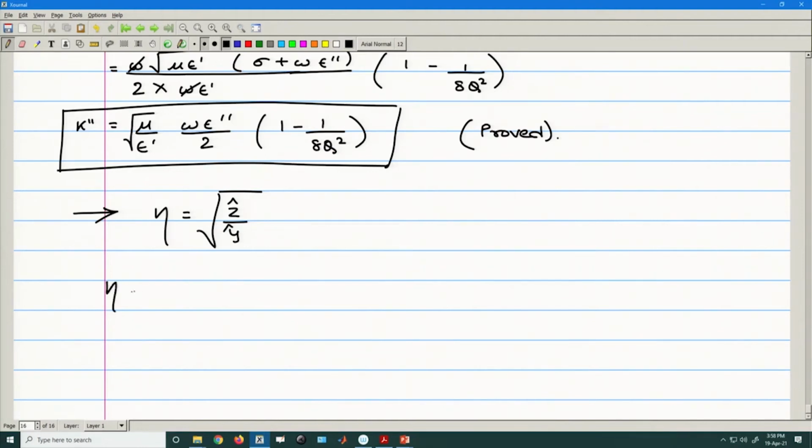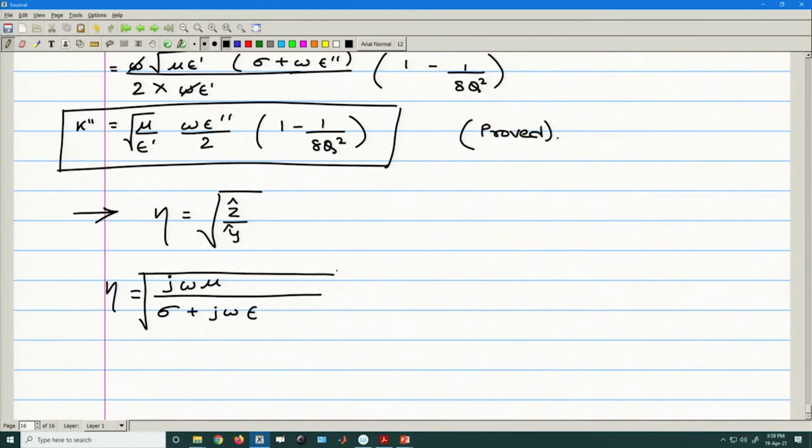So you can write eta as root of z cap, which is j omega mu, upon y, which is sigma plus j omega epsilon. So this is our eta.